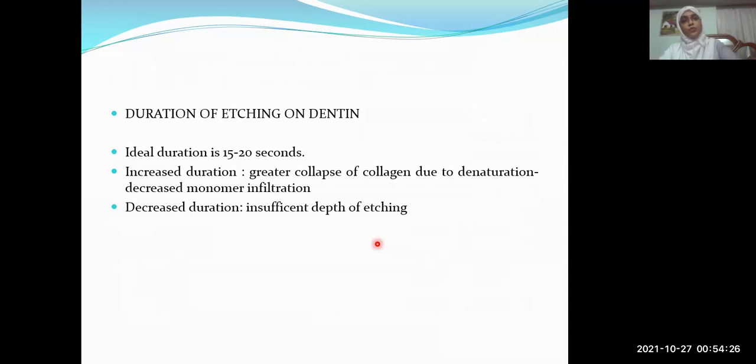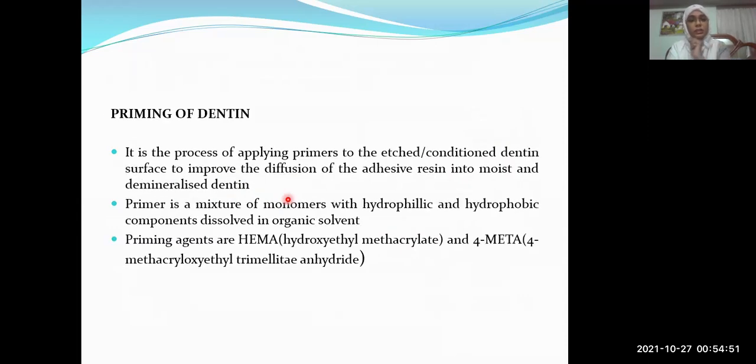If you etch for more than 20 seconds, the collagen will collapse because of denaturation, and decreased monomer infiltration will take place, because when the collagen collapses, naturally the monomer cannot infiltrate inside the dentin. You can't do it for less duration either, because there won't be any depth of etching. So an ideal of 15 to 20 seconds of etching has to be maintained in the dentin.